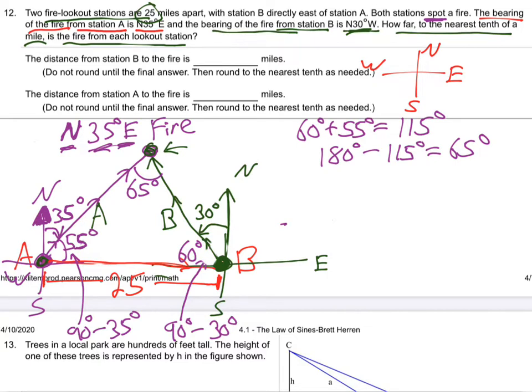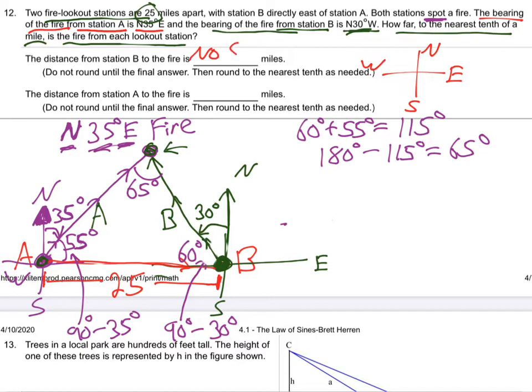I'm going to use the law of sines. Obviously, we're in the law of sines section, but also because it's not a right triangle. I want to make sure you can recognize this even on the final exam, or if you go forward into calculus and engineering courses, that you really recognize when you're supposed to use law of sines. This is not a right triangle. There's not a 90-degree angle anywhere inside this triangle, so I cannot use SOHCAHTOA.